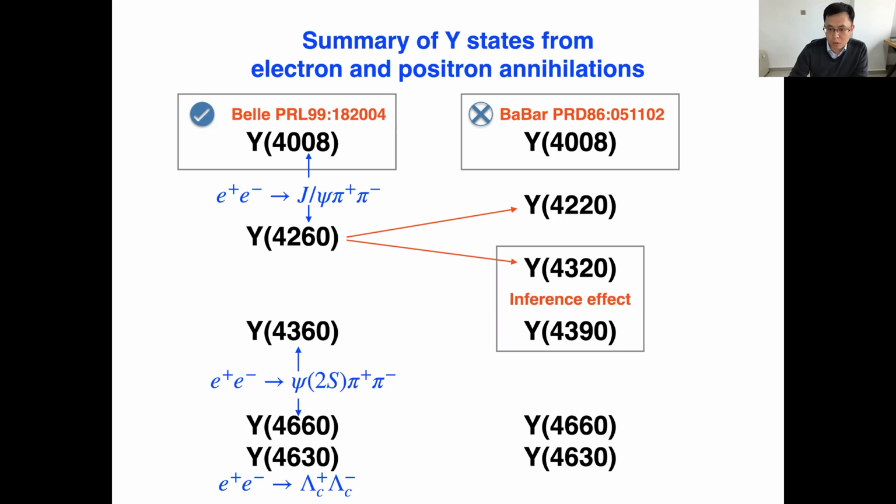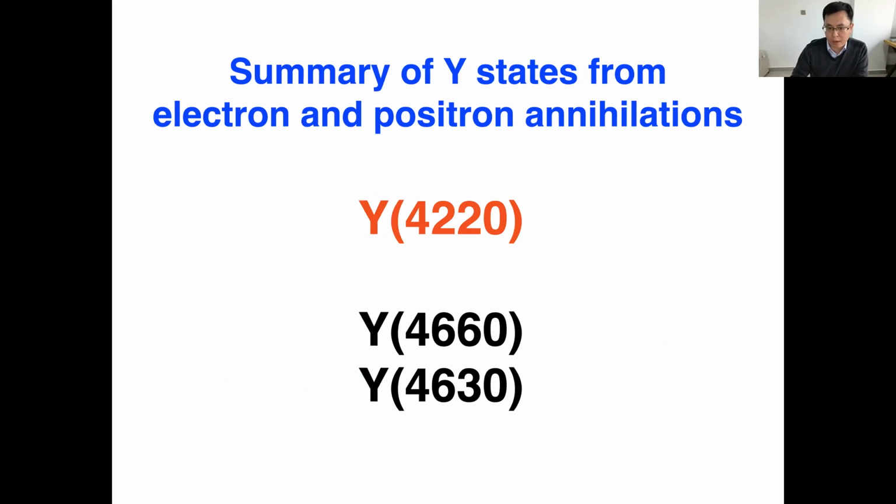It means that we only have 3 states here. In this slide, I marked the Y(4220) in red. It means that I will focus on this state and introduce our progress in explaining this Y state.